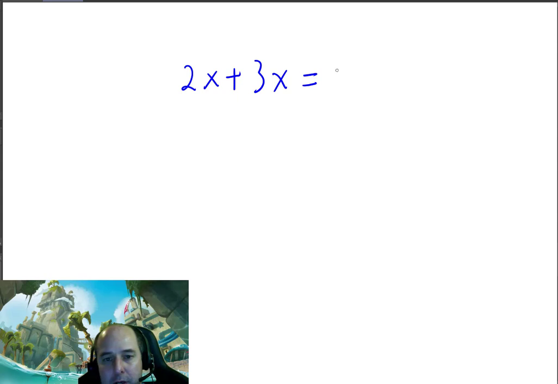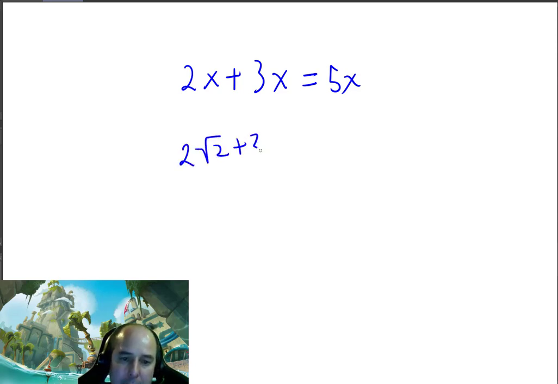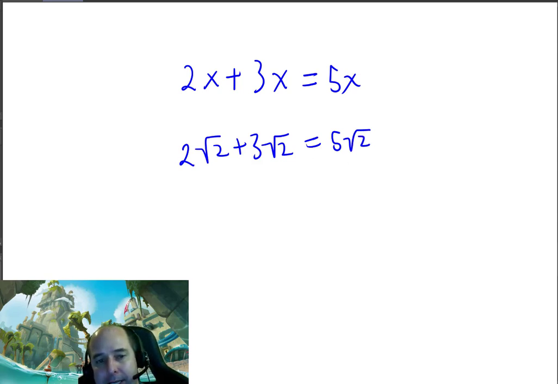Obviously, as you know, that's 5x. You have the 2x's and the 3x's, and so now you have 5x's. Likewise, if I had 2 square roots of 2 plus 3 square roots of 2, it's going to follow that same principle, where I end up with 5 square roots of 2. So it follows a lot of the same things.